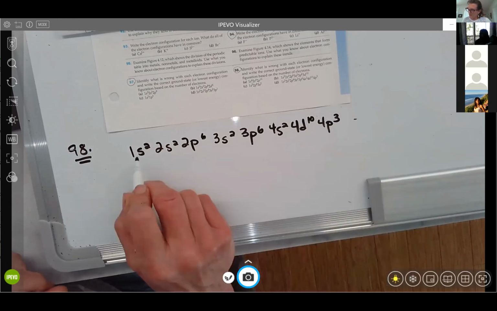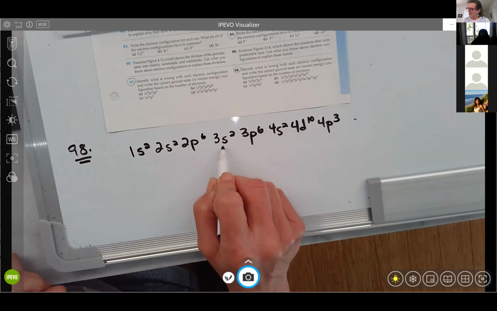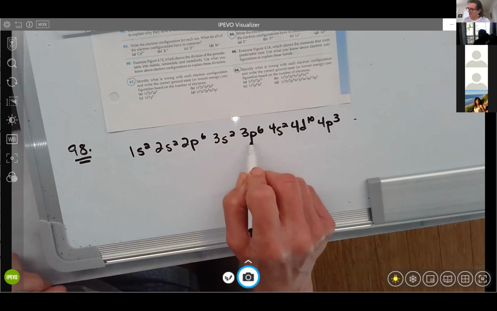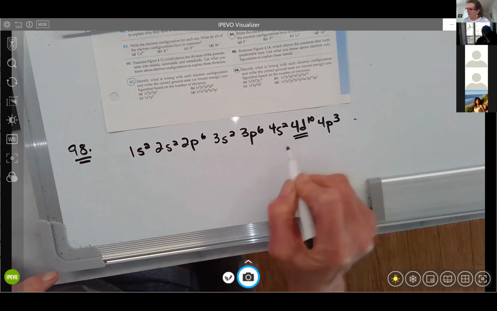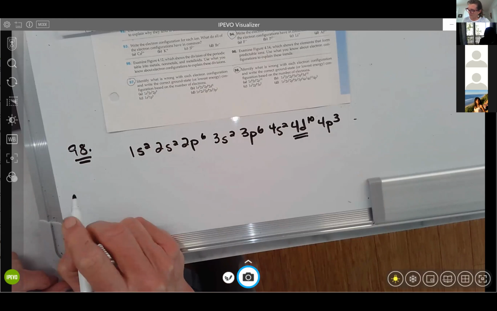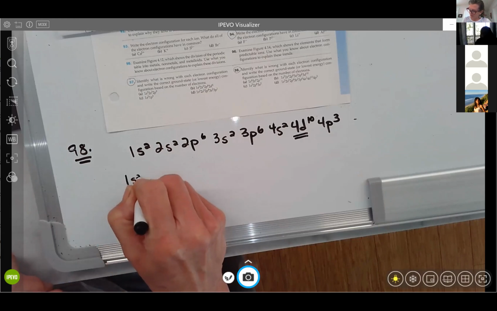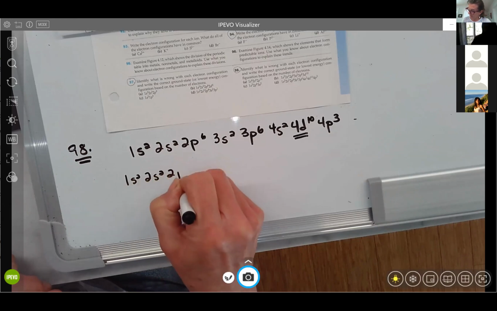Right. We went 1s2, 2s2, 2p6, 3s2, 3p6, 4s2. That's all fine, but this should be 3d10. And then that will be the correct electron configuration for the ground state.